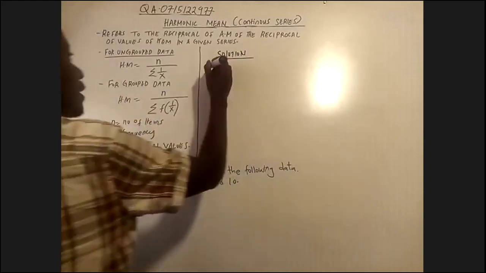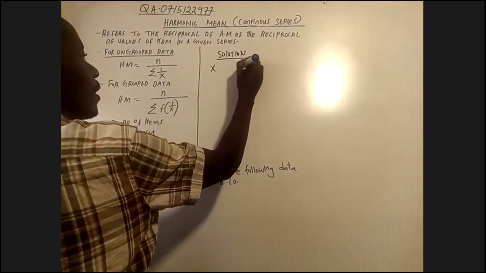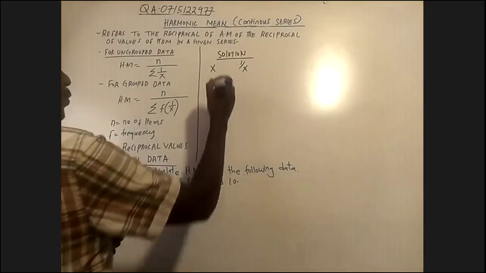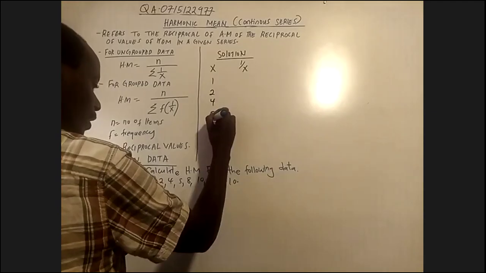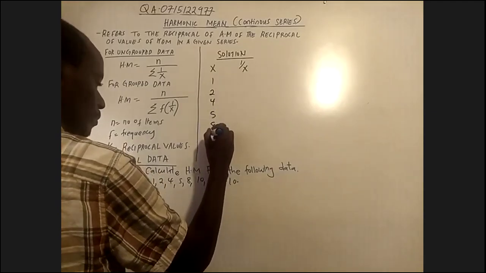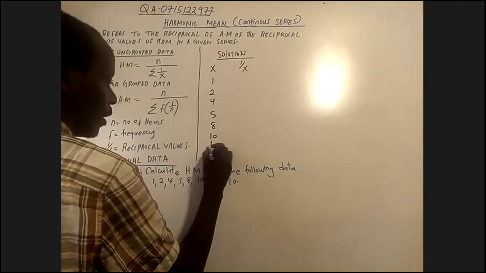Solution: we have our x, then we find 1 over x. We have 1, 2, 4, 5, 8, 10, and 10 in total.